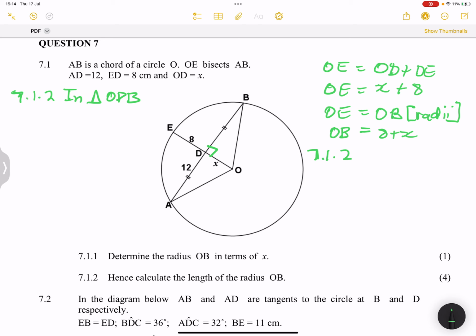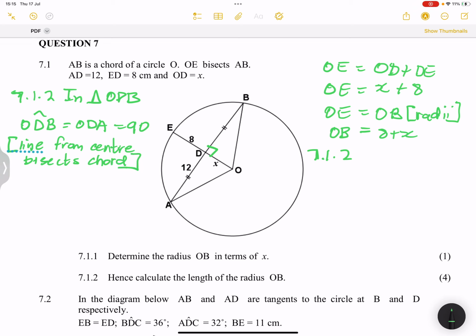That firstly, angle ODB is equal to angle ODA, and that's equal to 90 degrees. And why would that be the case? This is a line from the center that bisects a chord.